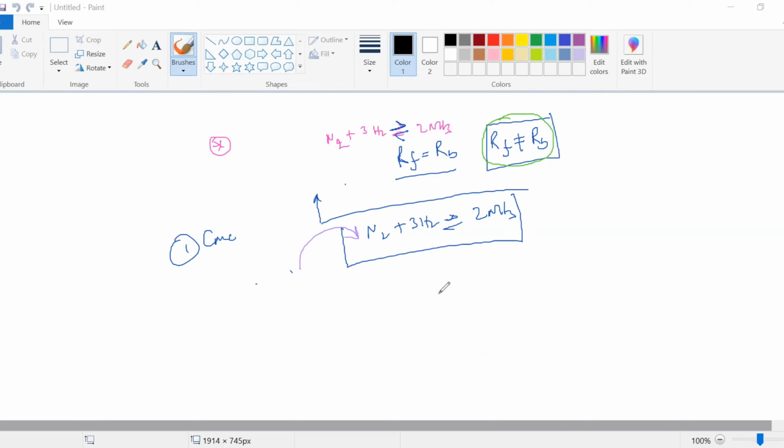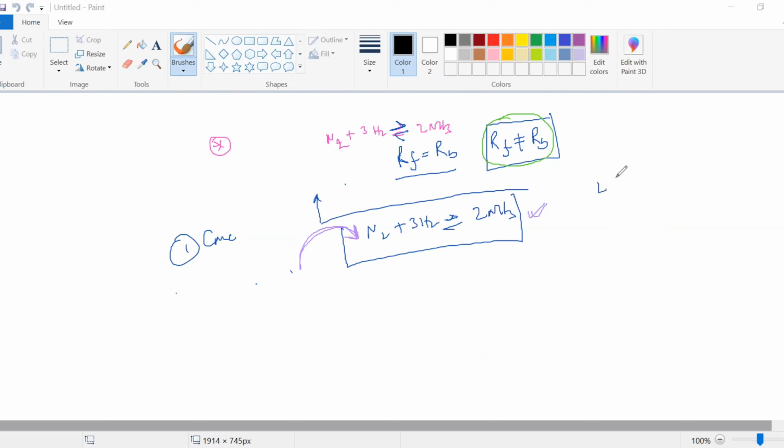We are taking this reversible reaction, at equilibrium has been reached. We lift the hood and add nitrogen from outside. Now, can you guide me which direction the equilibrium will shift to restore the equilibrium?